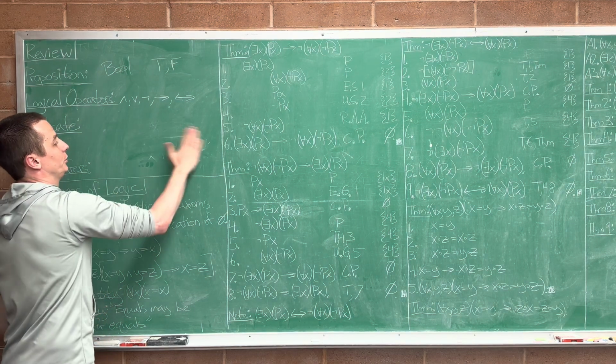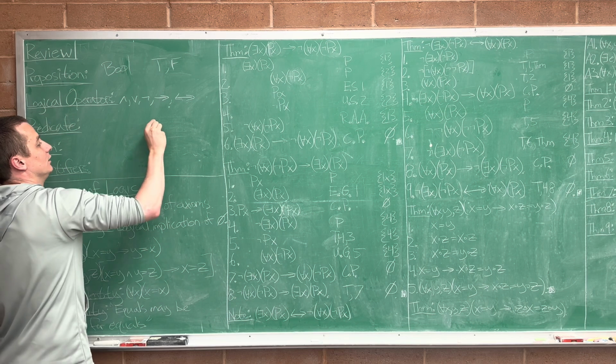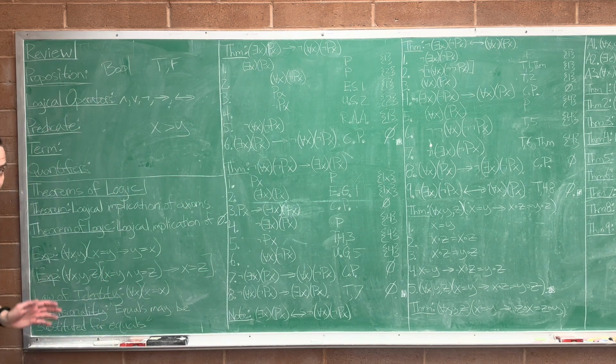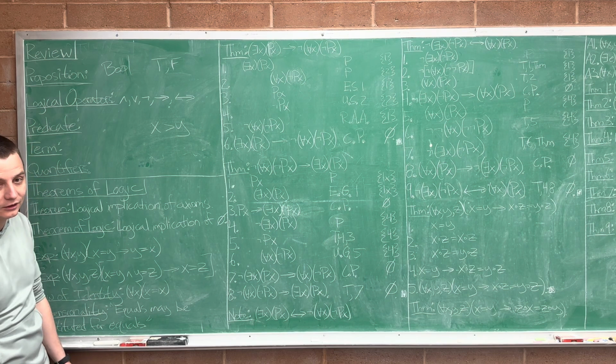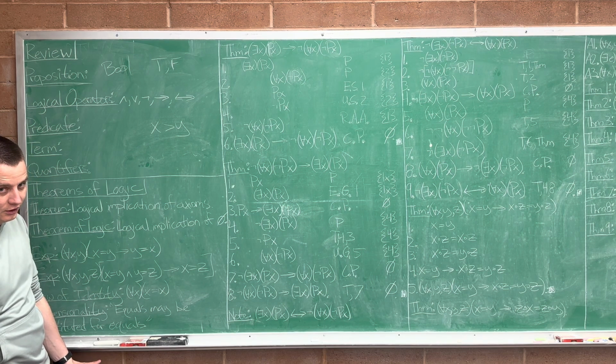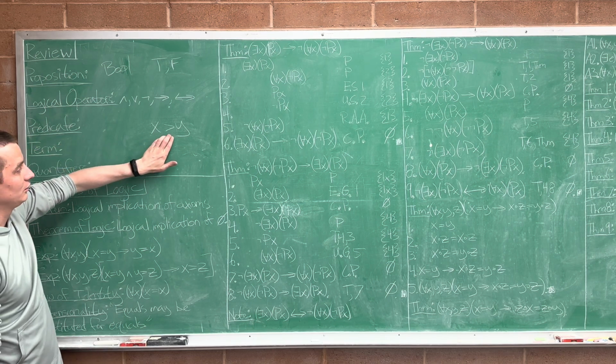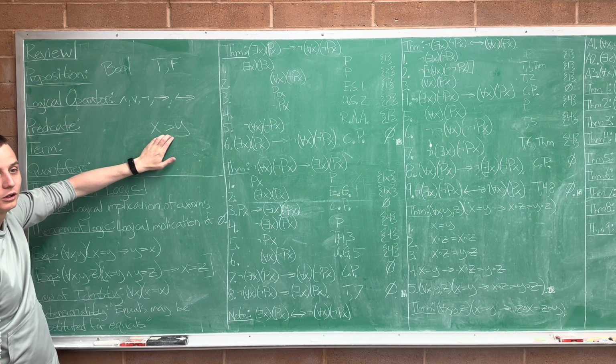Predicates can take on multiple terms. So I could have the predicate X is greater than Y. Now it needs 2 terms to evaluate it. We have a special name for predicates that take 2 terms: relations. So a special type of predicate that takes 2 terms is a relation, and we use that terminology all the time.